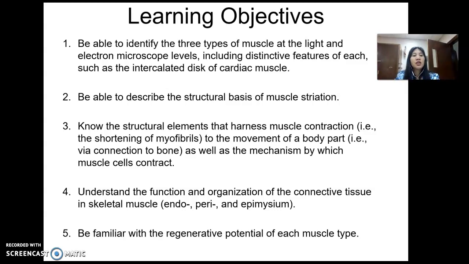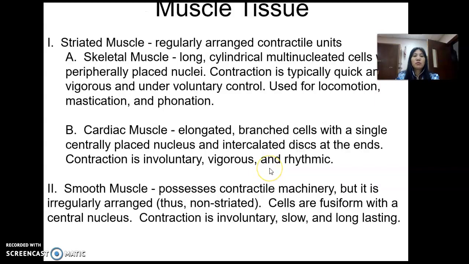Number three, to be able to list down the structural elements that harness our muscle contraction to the movement of our body parts, as well as the mechanism by which muscle cells contract. Number four, to understand the function and organization of connective tissues in skeletal muscles, right? And number five, be familiar with the regenerative potential of each muscle type.